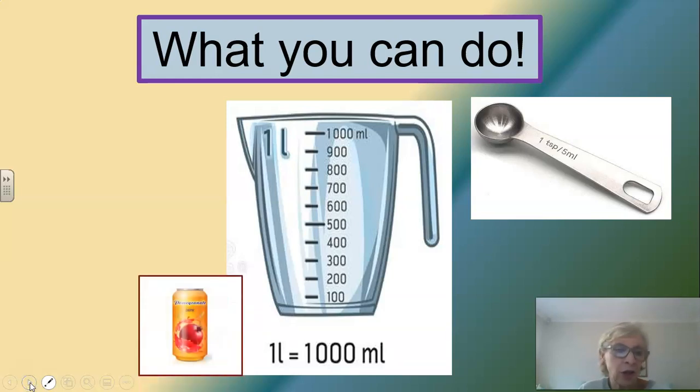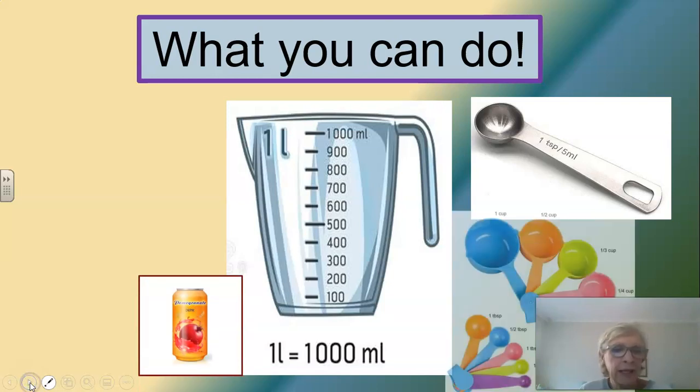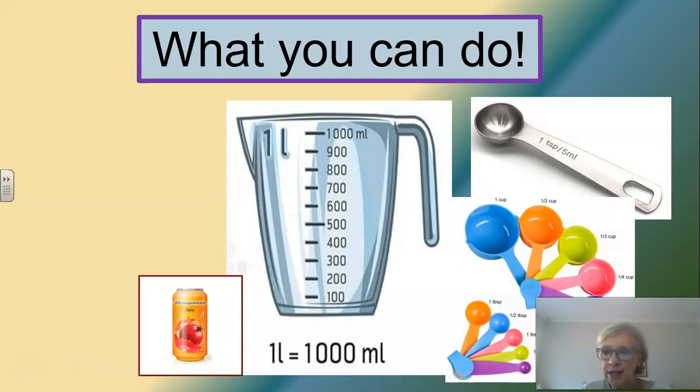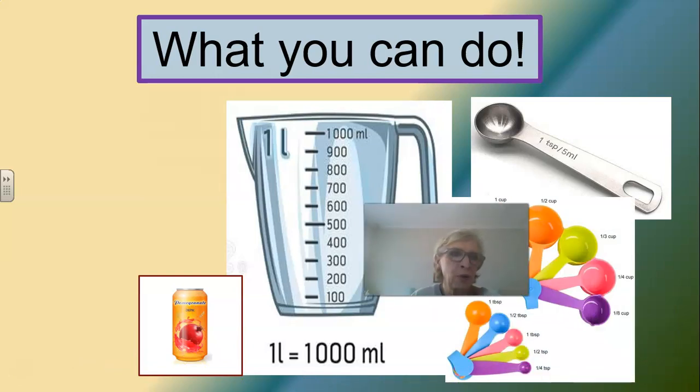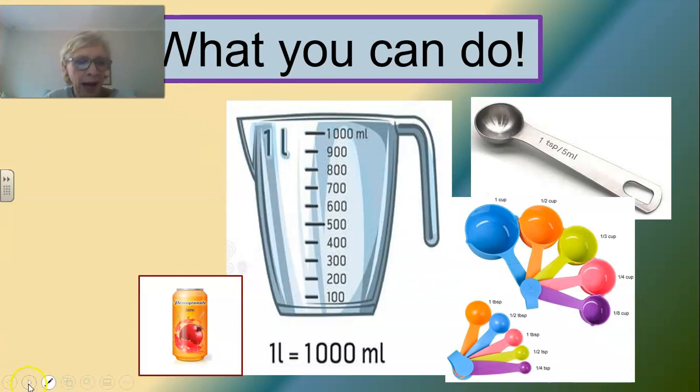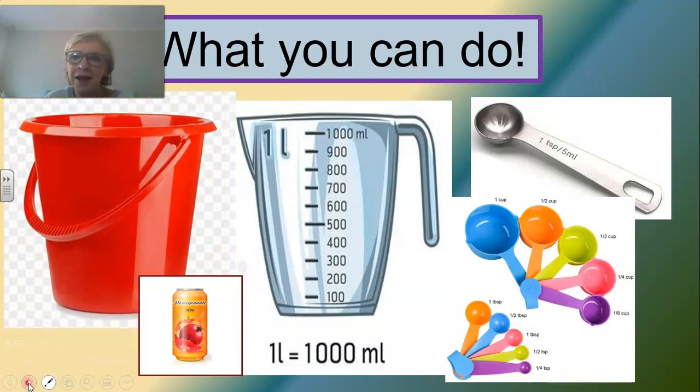Right, you can start getting empty cans that you can say how many teaspoons will fit in here, and you can play around with these measuring spoons and measuring cups, and you can get a good feel of what capacity means by playing with some water out in the garden so that you don't make a mess. And also, if you play on the lawn, you can actually water the lawn at the same time and not waste water. And you can see I am quite a water warrior.